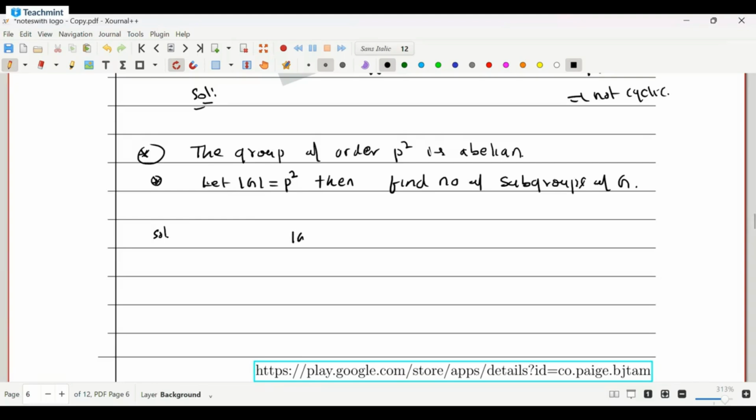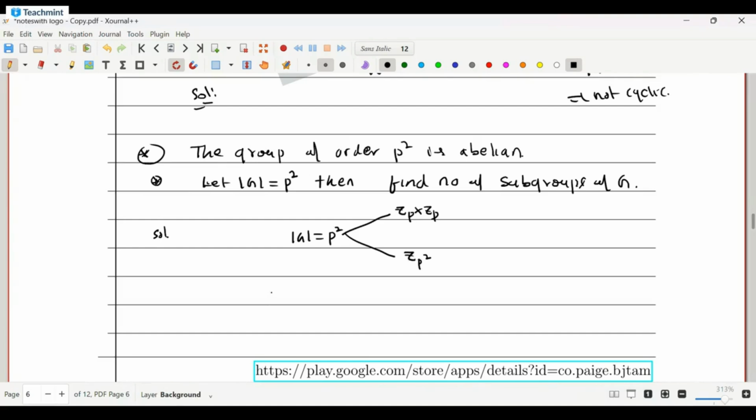So let the order of G be equal to p squared. This group is always isomorphic to one of the abelian groups, and those are Zp cross Zp and Zp squared.